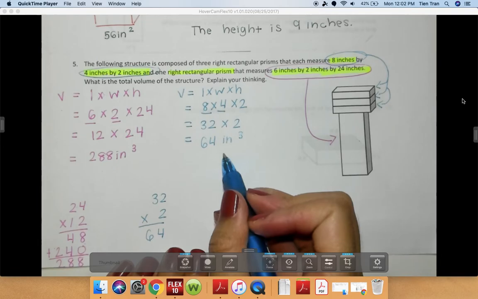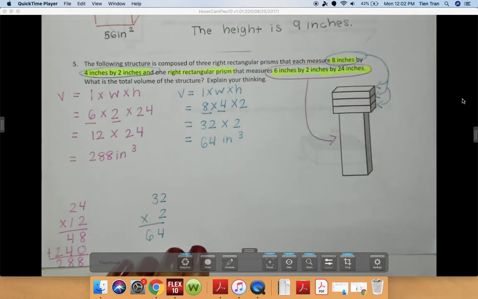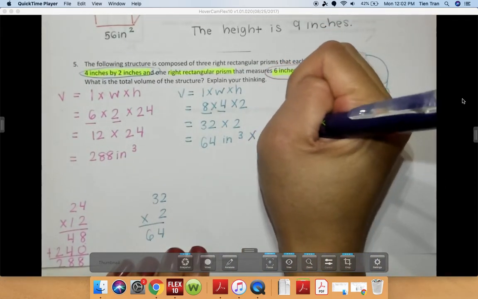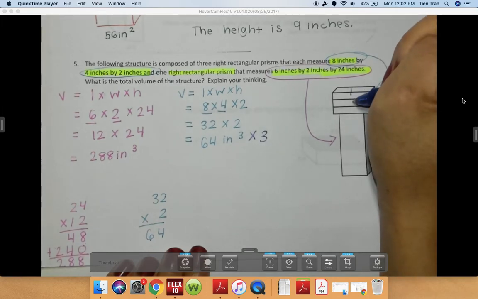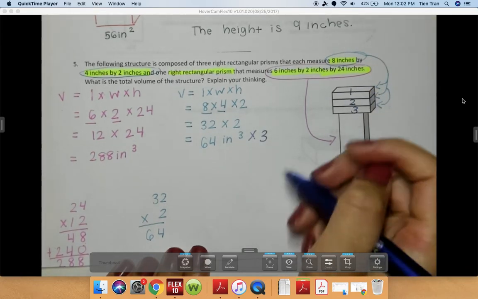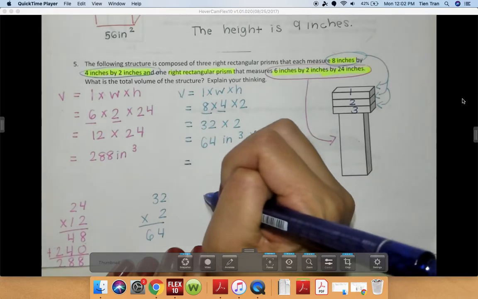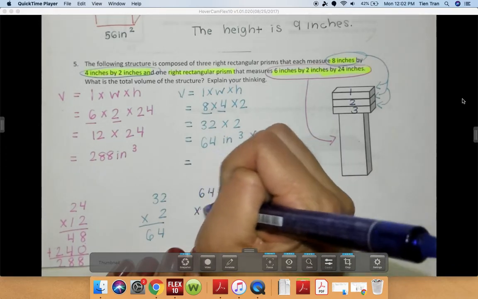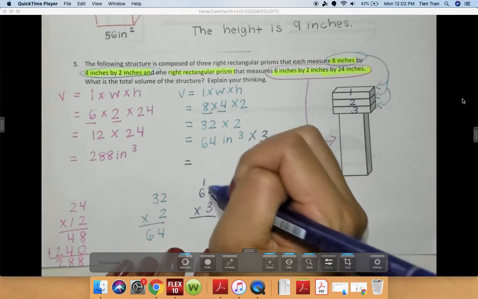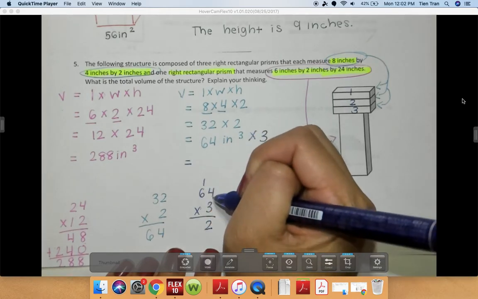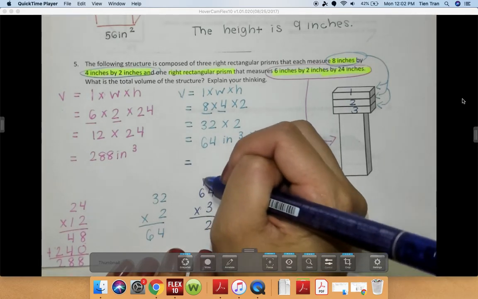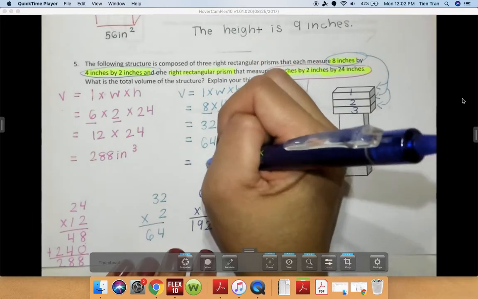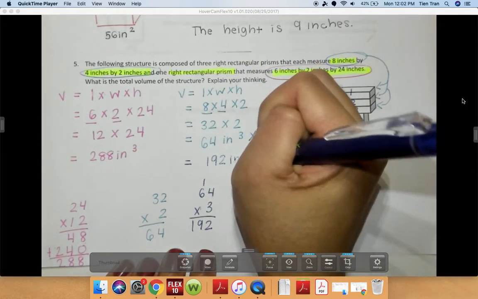I'm not done. I need to multiply that times 3 because there is 1, 2, 3, okay? So I'm going to multiply on the bottom right here, 64 times 3. 4 times 3 is equal to 12, 3 times 6 is equal to 18, 18 plus 1 is 19, so 192 inches cubed.